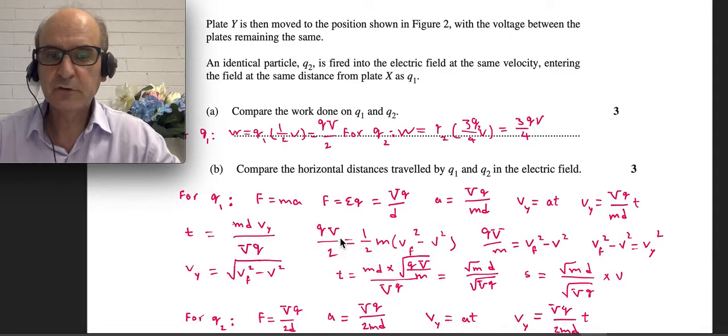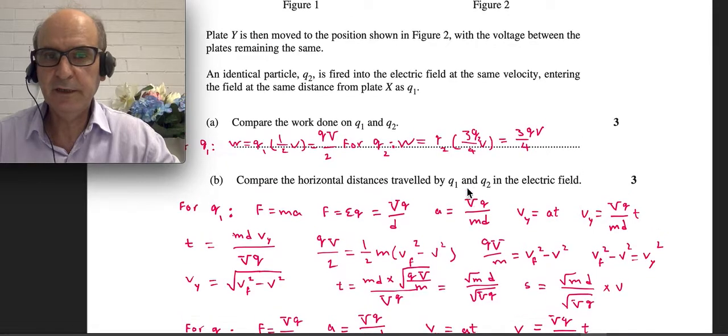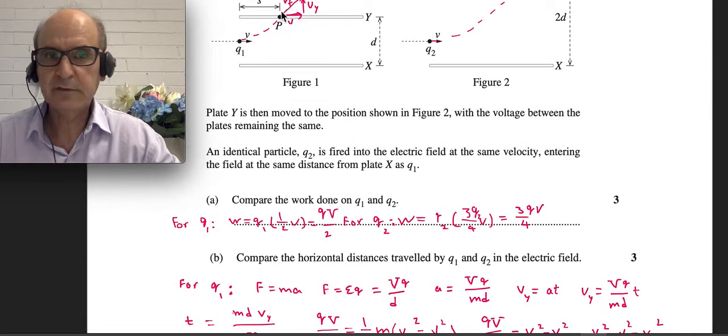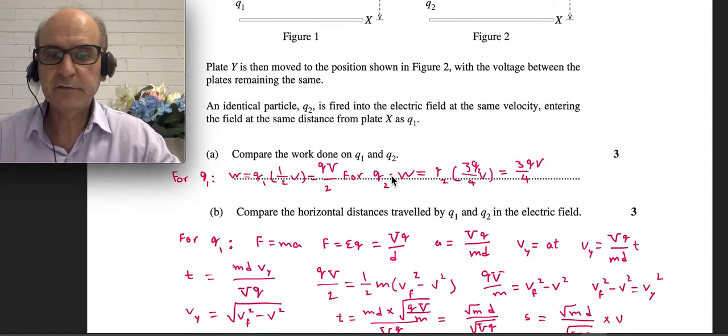That is the work done on the charge, which we have from the previous part, and the change in kinetic energy is half times m, final velocity Vf squared minus the initial velocity V squared, Vf squared minus V squared.